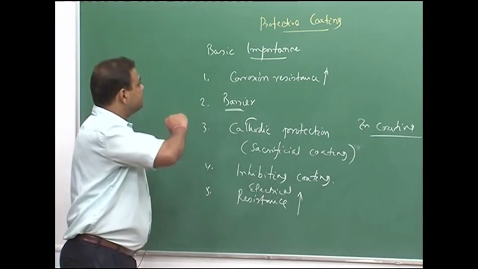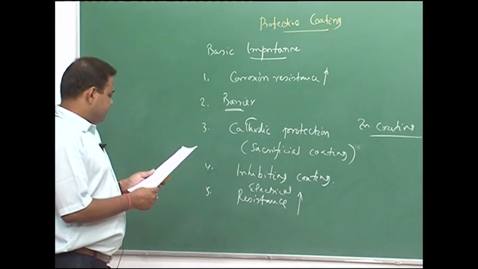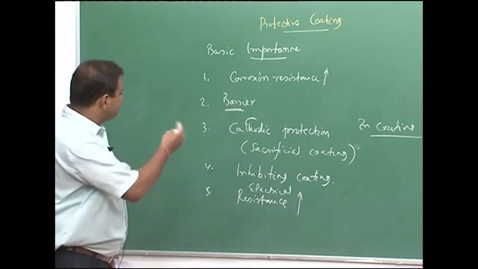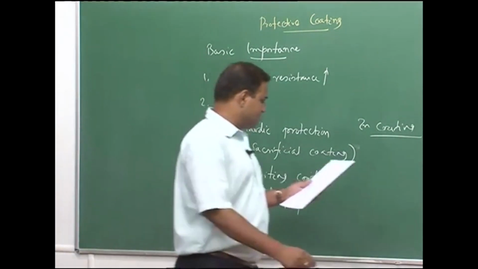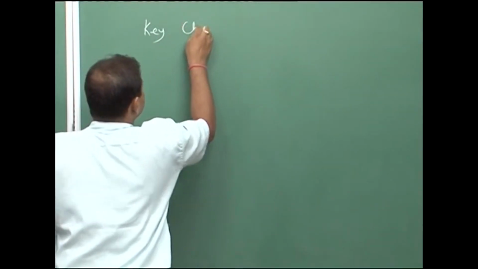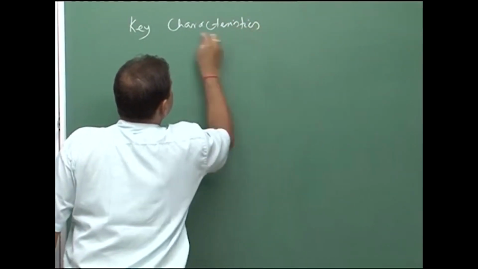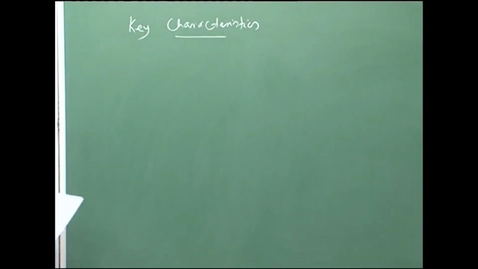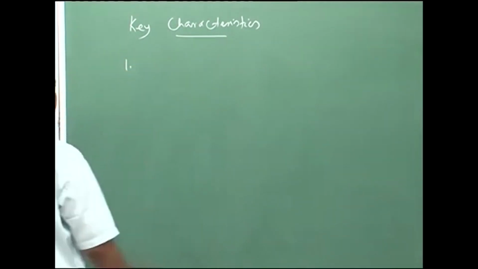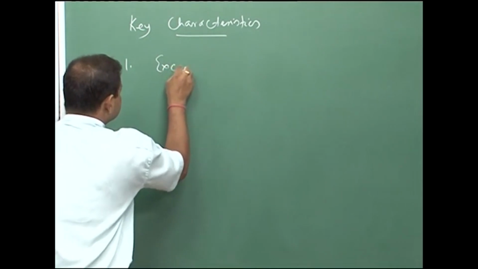So, these are the main importance of protective coating, and then the key characteristics of the coating. Key characteristics of coating: they should provide good or excellent corrosion resistance.